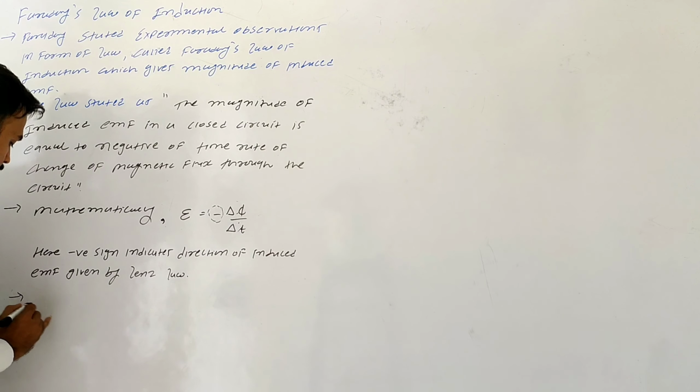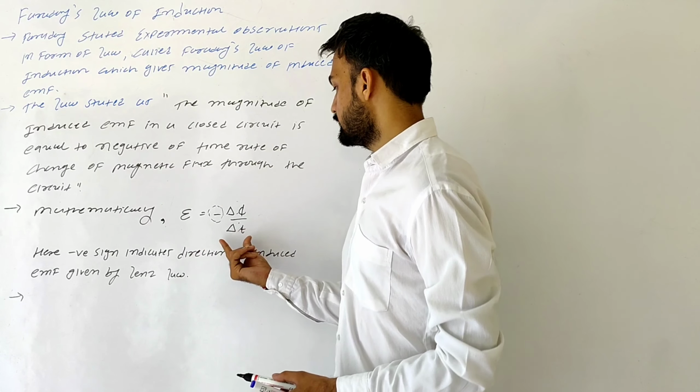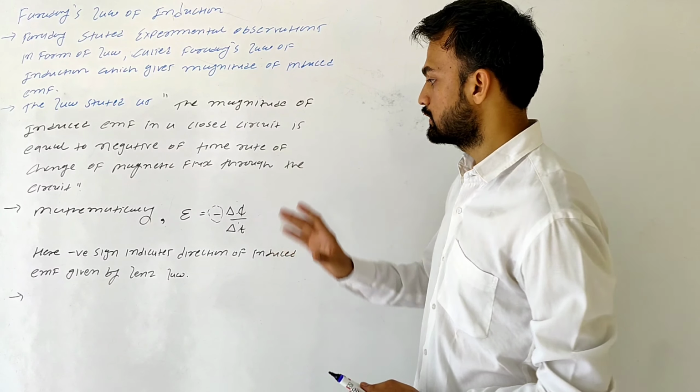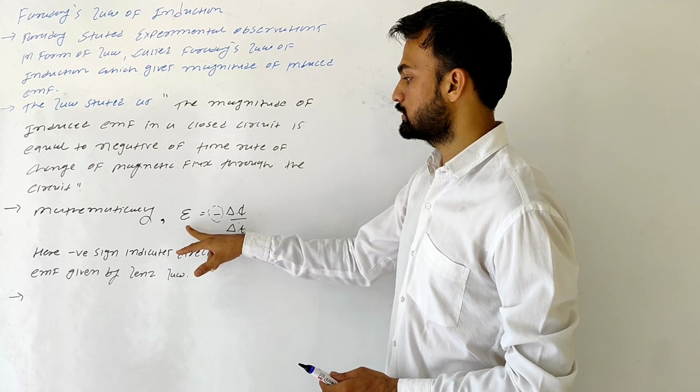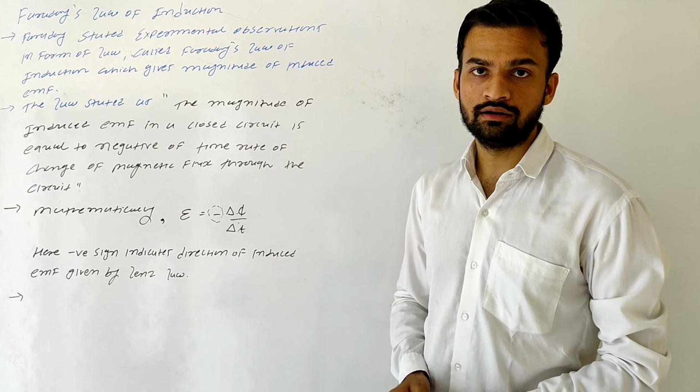Now you can see that in delta t time the change in flux is delta phi through the closed circuit, then the magnitude of induced EMF is equal to minus delta phi by delta t.